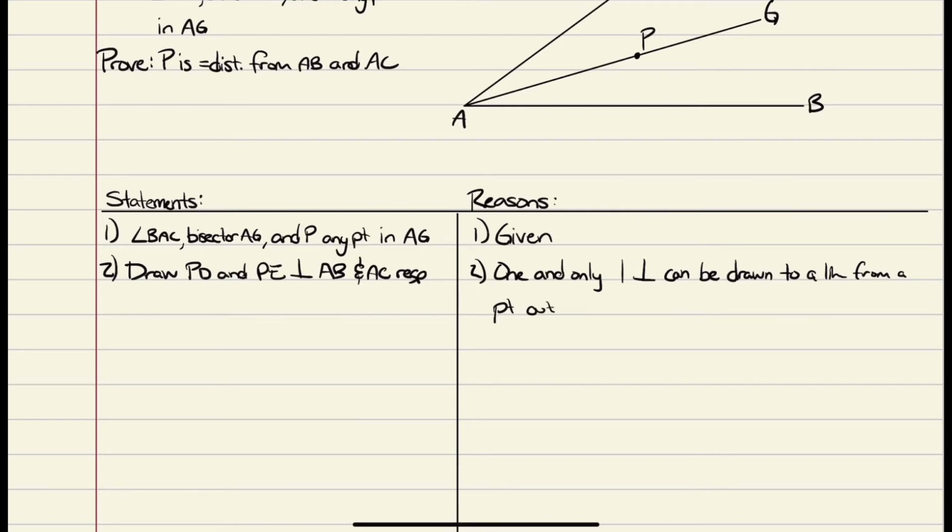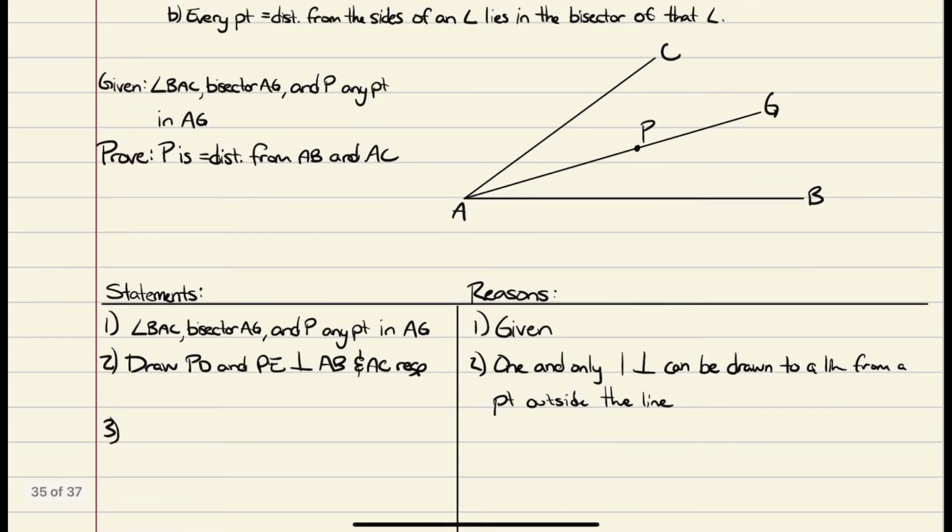Okay, number 3, we've talked about that many times. Don't need to waste any time talking about that. Number 3, we can say that angle DAP, I don't have a D here. Oh yes, I didn't draw my auxiliary lines.